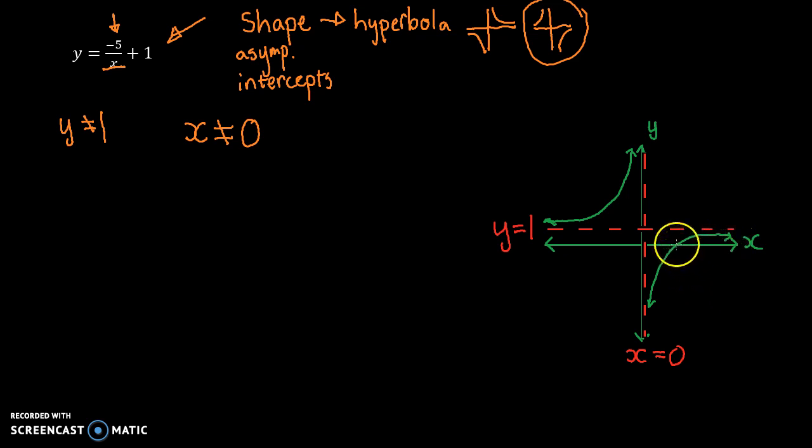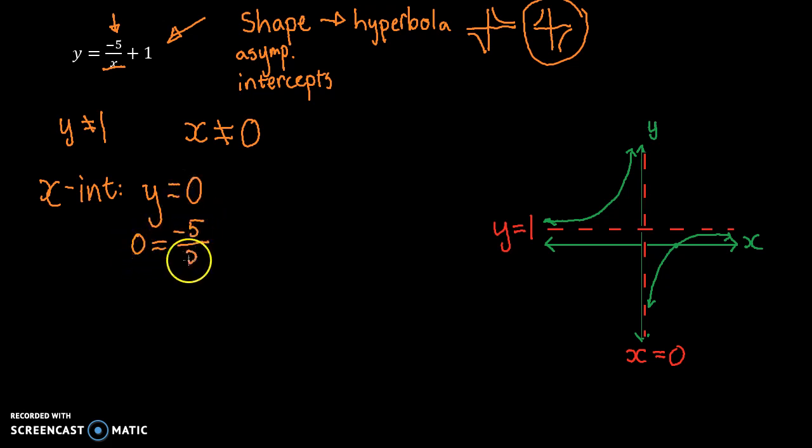But now we have an important point that we haven't labeled. We can see we've got no y-intercepts, but we do have one x-intercept. So how do we determine the x-intercept? Well, I'm just going to label my calculation as x-intercept. I need to make y equal to 0. So 0 is equal to -5, and this question requires just a little bit of mathematics.